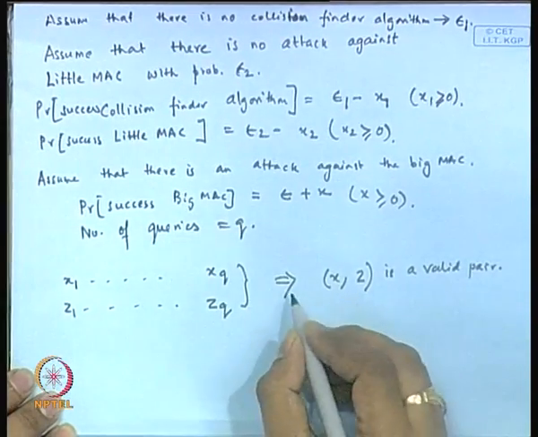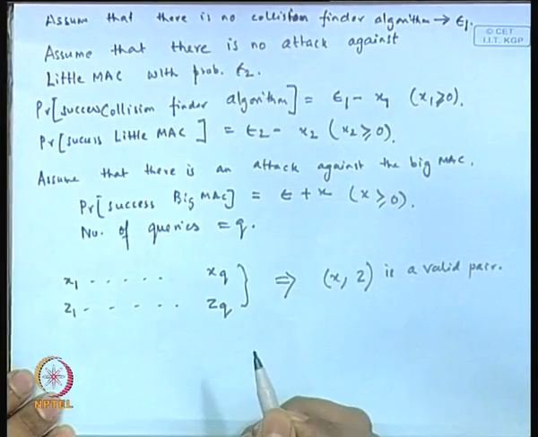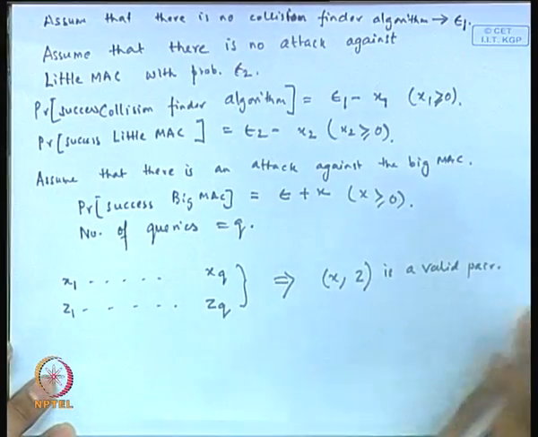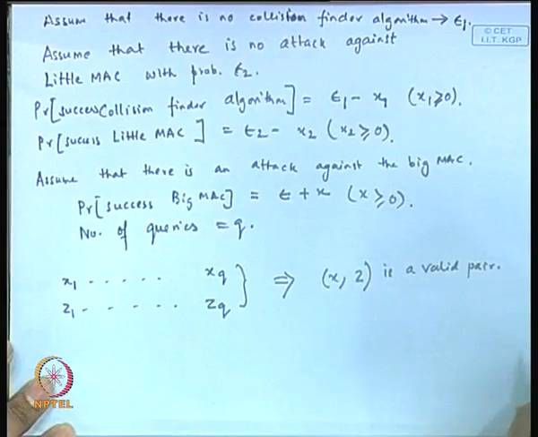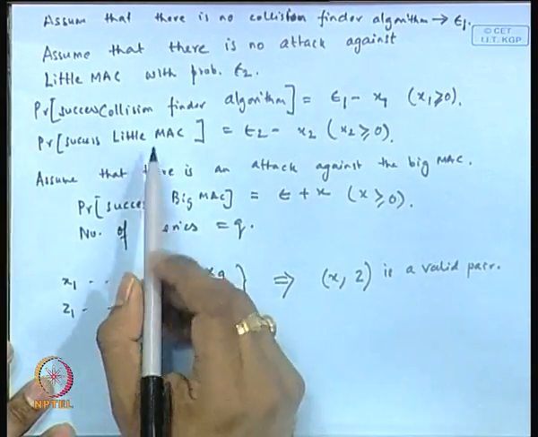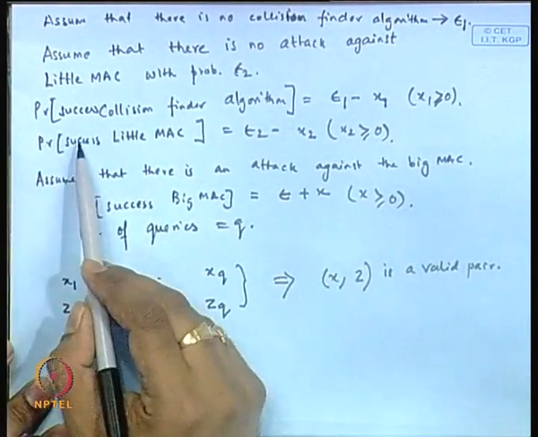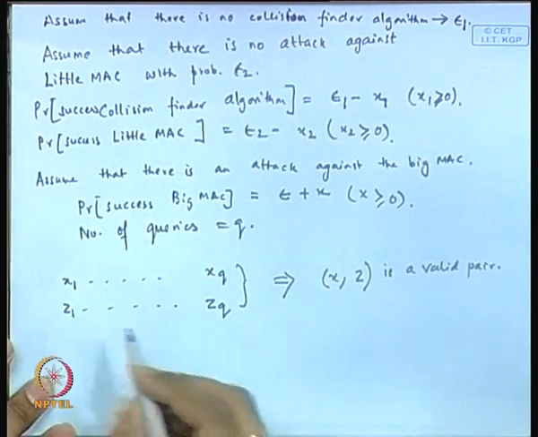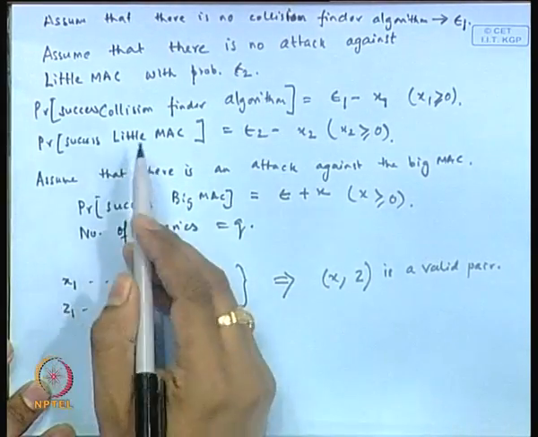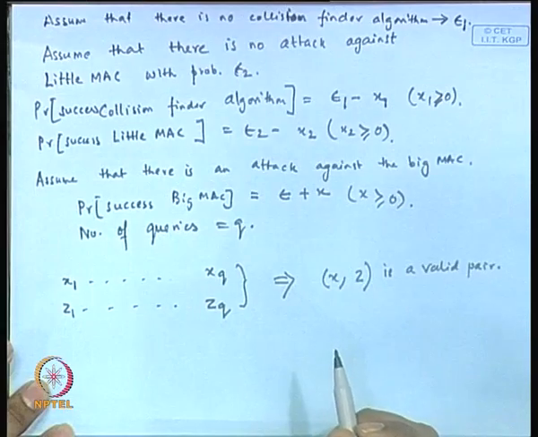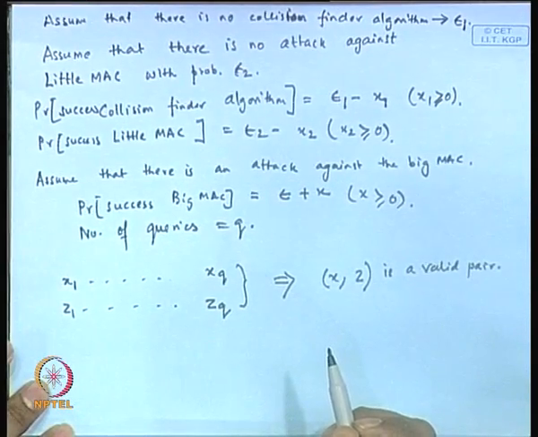Now suppose x comma z is a valid pair, and consider the collision finding algorithm.